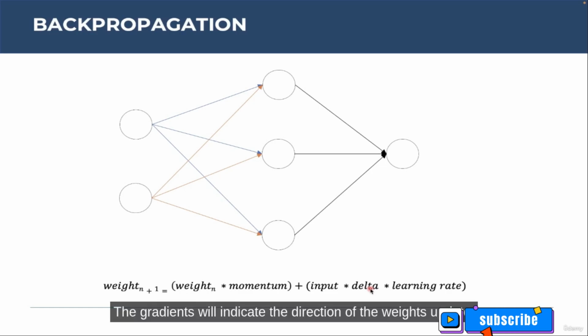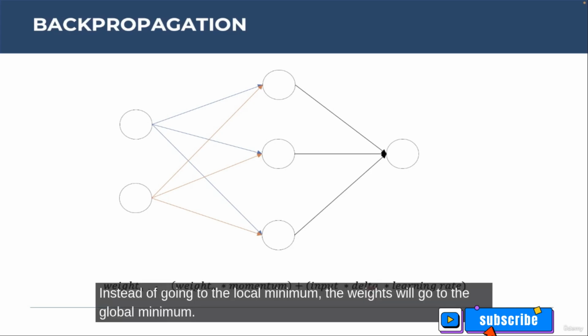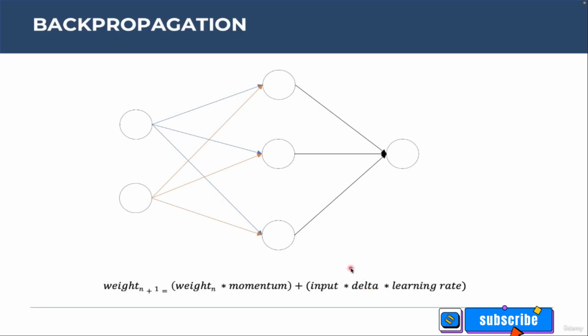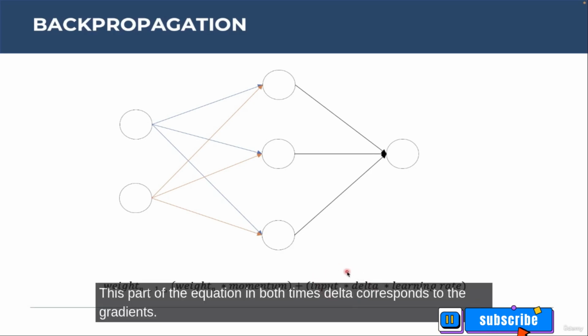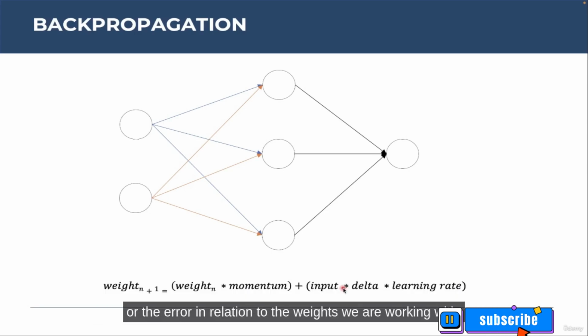The gradient will indicate the direction of the weights update. Instead of going to the local minimum, the weights will go to the global minimum. This part of the equation, input times delta, corresponds to the gradient. This is one of the most important parts of the equation, which is the partial derivative of the cost or the error in relation to the weight we are working with.